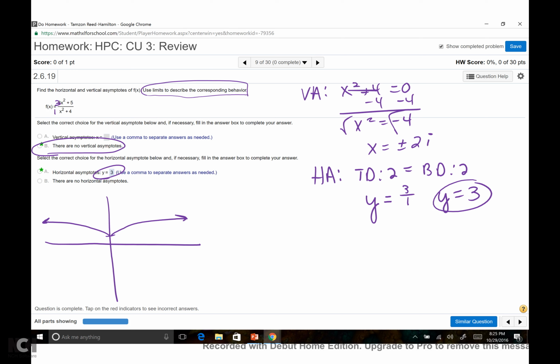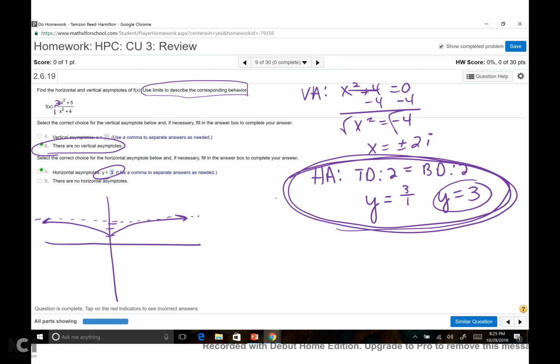Okay, so my end behavior asymptote, there's my 3. We know that it's going to approach the end behavior asymptote, which is the horizontal asymptote.